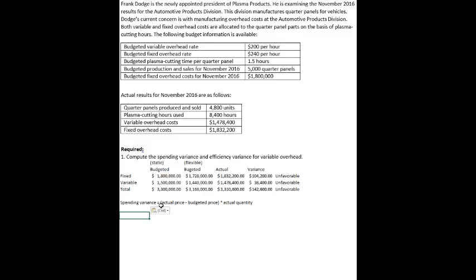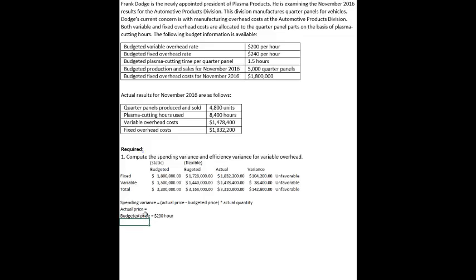In the spending variance, this is the formula: actual price minus budgeted price times actual quantity. So the actual price, we've got to calculate this. We can figure out what the budgeted price was. This is per allocation base, and that was $200 per plasma cutting hour.